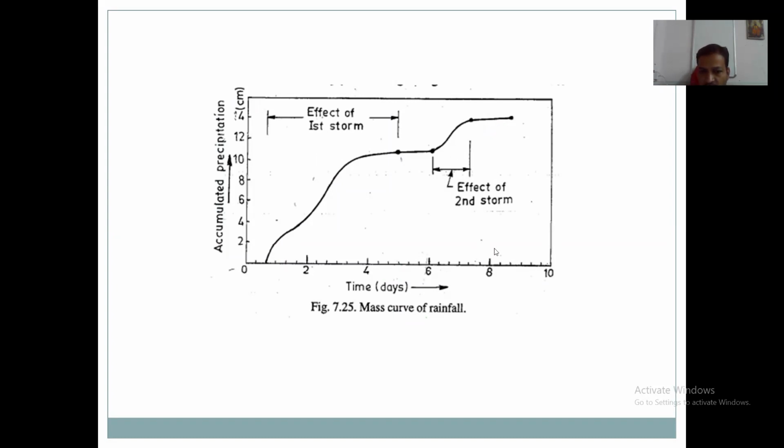It is 14 centimeter after 7 days. So from this graph, you can analyze the intensity of rainfall, can analyze the precipitation, or you can understand the characteristics of the storm.